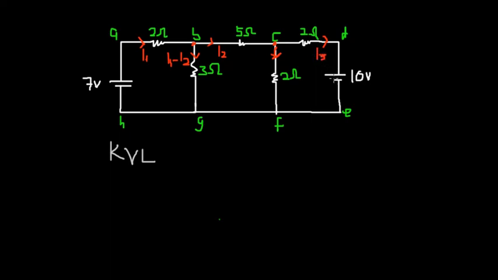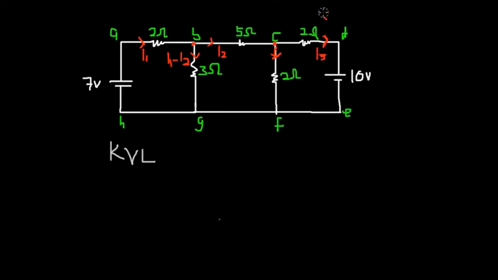You can also do it otherwise. You can say that maybe the current coming from 10 volts is I3, and then you use your arrow sign, which will maybe move in this direction, so the current coming from here will be positive. But here let's focus on the main current coming from 7 volts and then splitting towards 10 volts. So that's why this is also moving in the opposite direction.